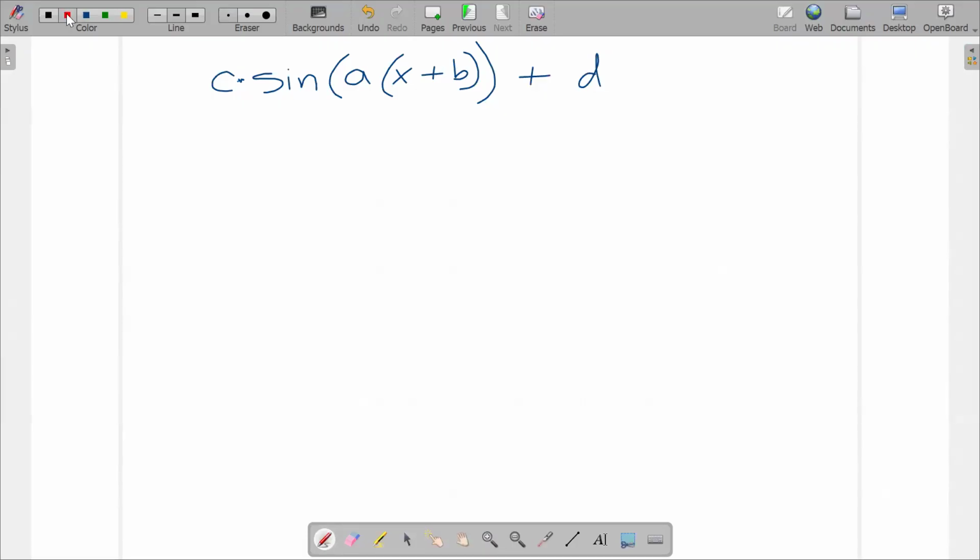Summary of what these mean. The value of a is important because it tells us about the period, and the period can always be found by taking 2 pi divided by a. Similarly, if you know the period, you can solve this equation and calculate a. Value of b is called a phase shift, the shift left or right.